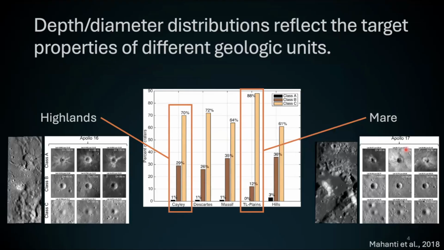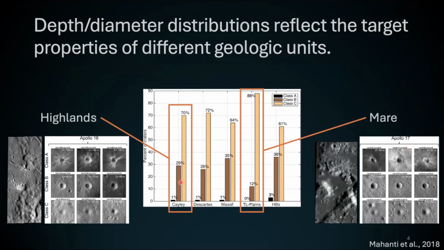And looking at distributions of depth diameter across geologic units can allow us to make inferences about the target properties of those units. So for example, this work by Mahanti et al. in 2018 compared the depth diameter ratios of the distributions of the craters at the Apollo 16 and 17 sites.